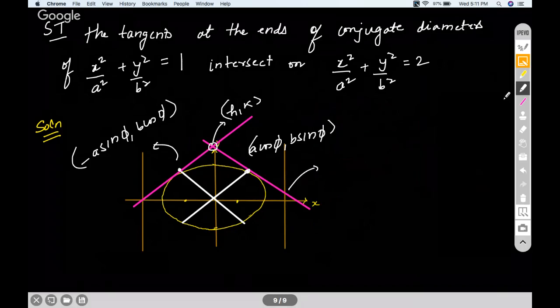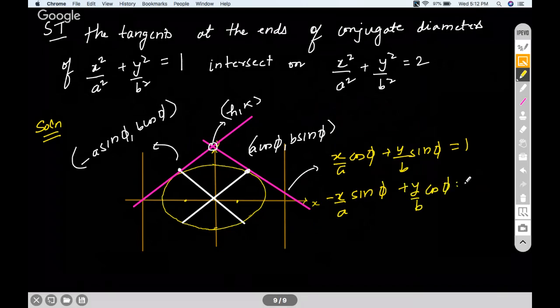So this tangent equation would be x by a cos phi plus y by b sin phi equal to 1, right? And for the other point, you just have to replace your x1 with minus a sin phi. So it will become minus x by a sin phi plus y by b cos phi equal to 1.